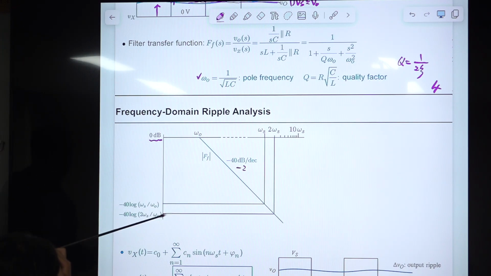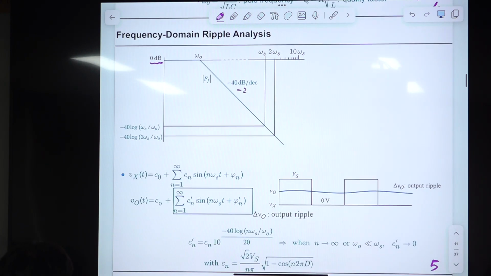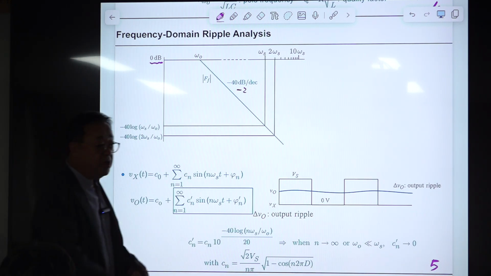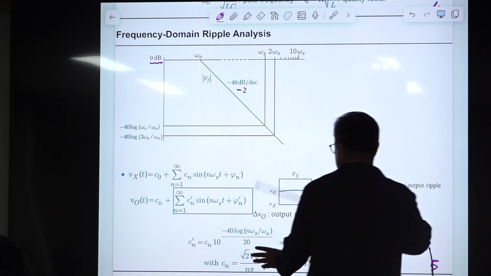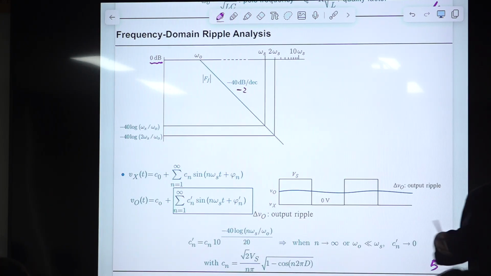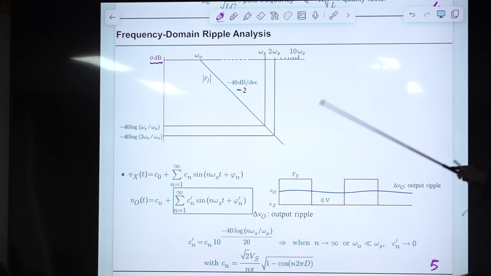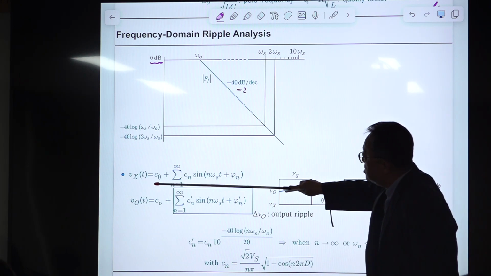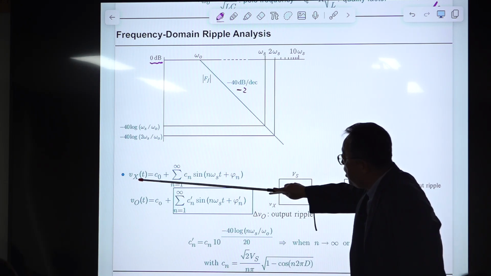For the second harmonic, just a factor of 2 comes in here. From this, we have this generalized expression. In the past, some undergraduate students thought this was very complicated, something advanced or fancy. Not at all. This is just a substitution. This is a Fourier series representation of Vx(t).